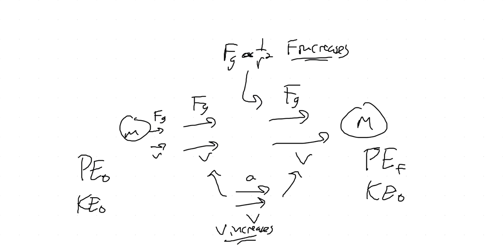And the most important equation we're going to use in this first unit is this: initial potential energy plus initial kinetic energy equals final potential energy plus final kinetic energy. We have conservation of energy.